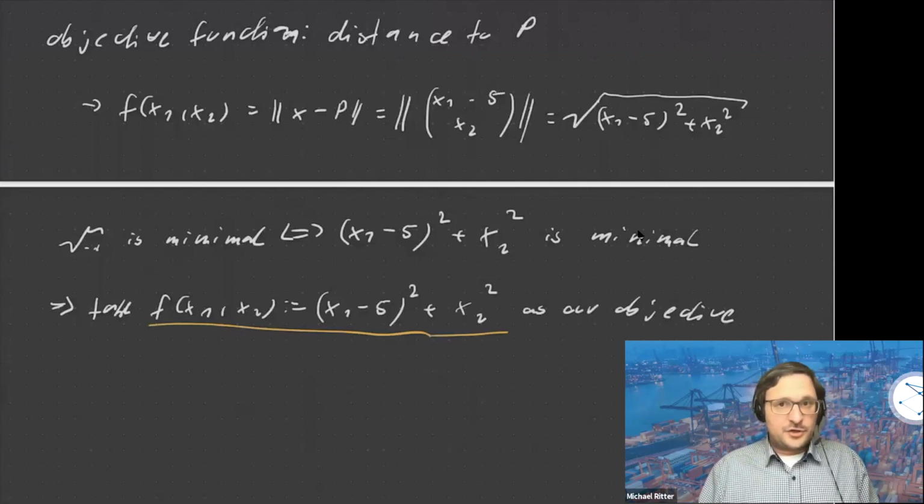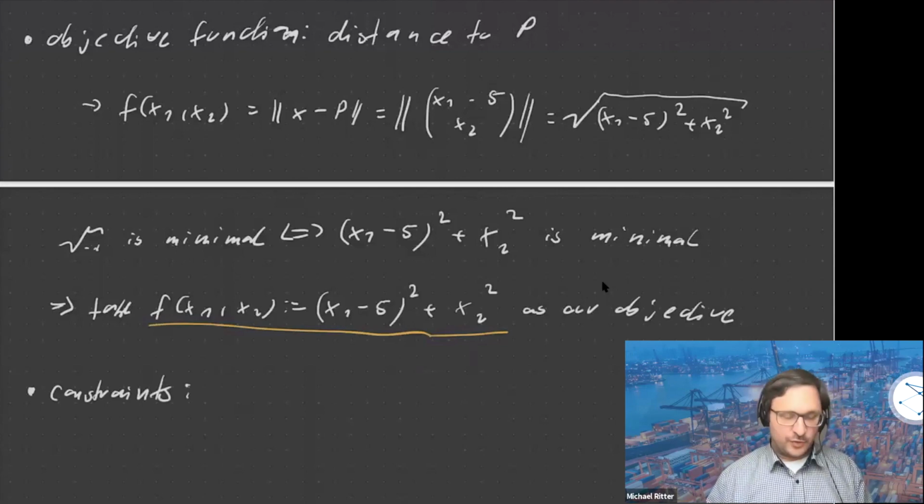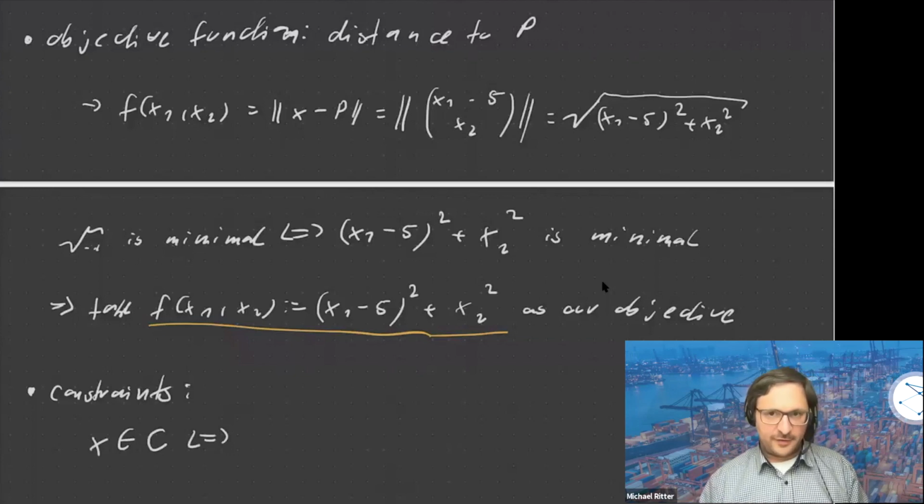And as for the constraint, well, we need to make sure that x is contained in C. So that's the next thing we have to take care of. Constraint or constraints. There's only one constraint here basically that says x has to be on that circle C. Well, that is the case if and only if the norm of x minus (1, 2) is exactly equal to 2.